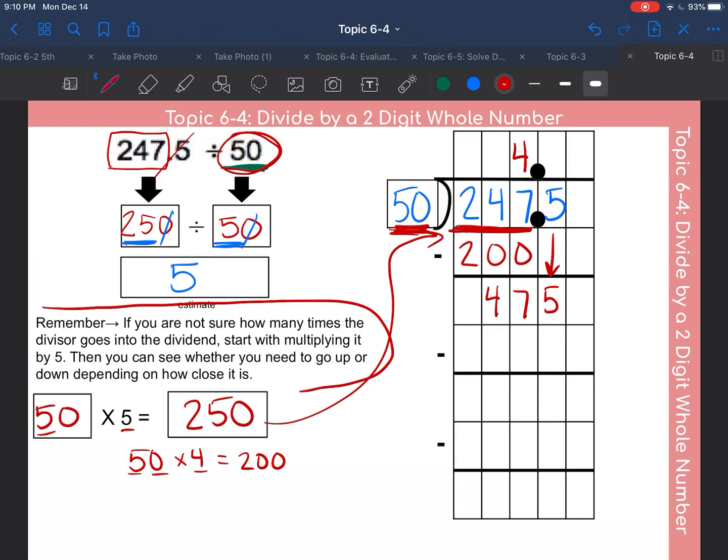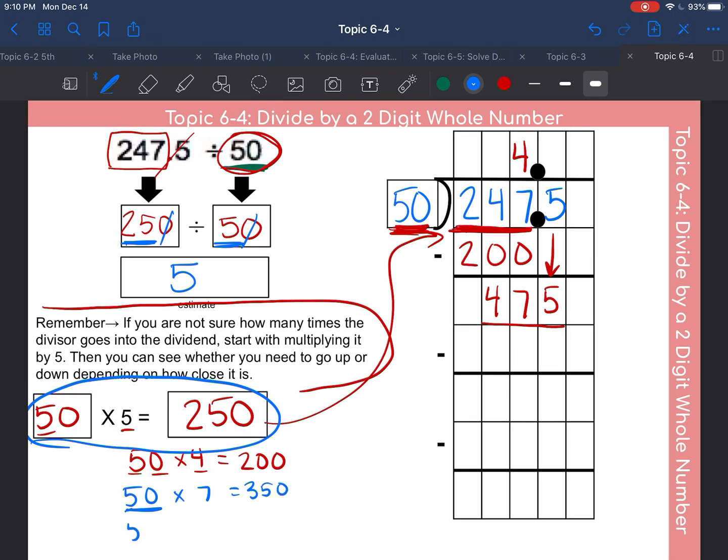How many times does 50 go into 475? Well, let's look back. We just figured out that 50 times 5 was 250. We're trying to get to 475. So what do you think we can multiply 50 by, maybe to get a little closer to 475? Let's try 7. So 50 times 7. And again, I can do these in my head because 50 is a nice, easy, compatible number. 5 times 7 is 35. Add the 0. Do you think we can get a little closer?